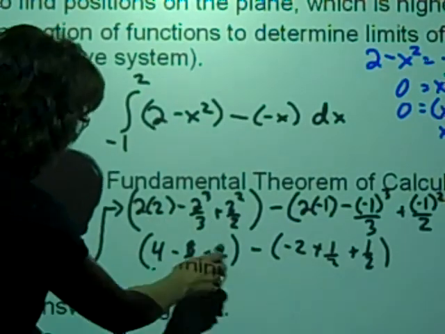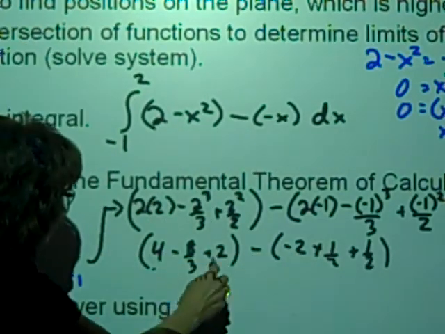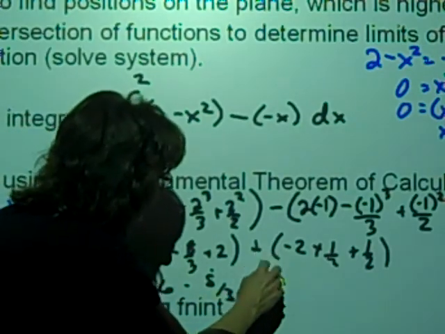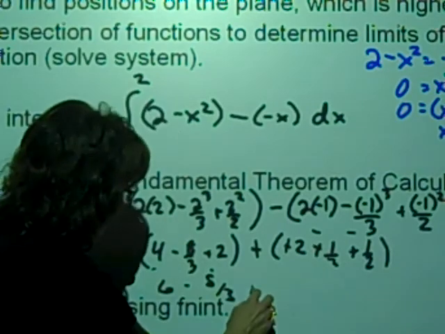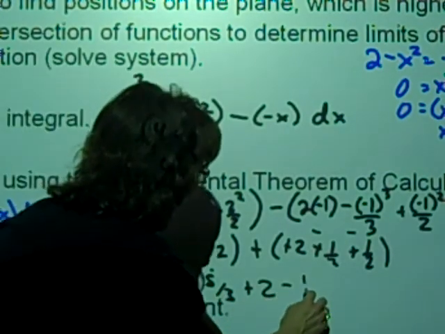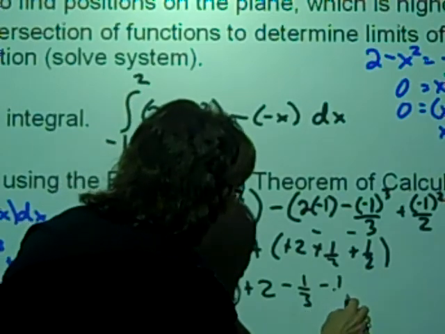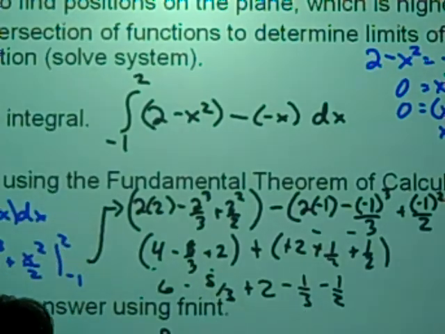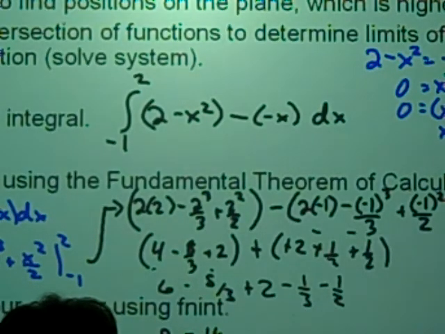Sometimes another tack would be to just distribute this. So 4 and 2 is 6 minus 8/3, and I just change all my signs. So I've got plus 2 minus 1/3 minus 1/2. 6 and 2 is 8. Now I'm going to make all of this 6.